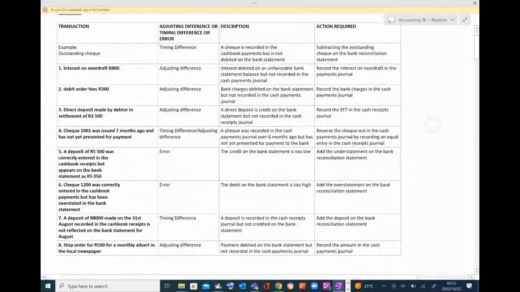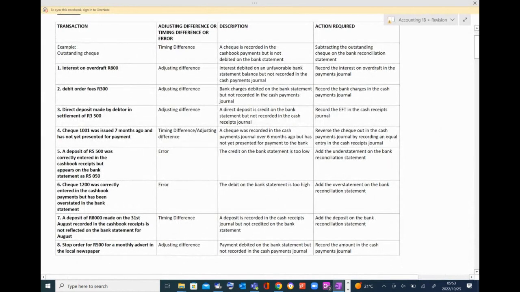So here you go. Here, guys, question 1. They're giving you scenarios, and they want you to confirm, is it an adjustment, or is it a timing difference, or is it just an error altogether? So you guys must know what an adjustment difference is and what a timing difference is.